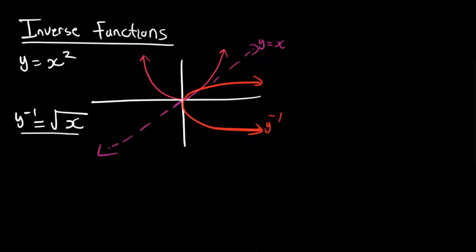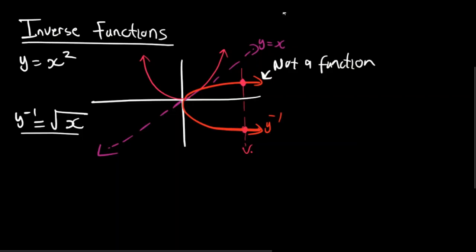Now, because the inverse of this function is actually not a function, we say that because if you draw your vertical line test, then it will touch at 2 points of the graph, making it not a function.